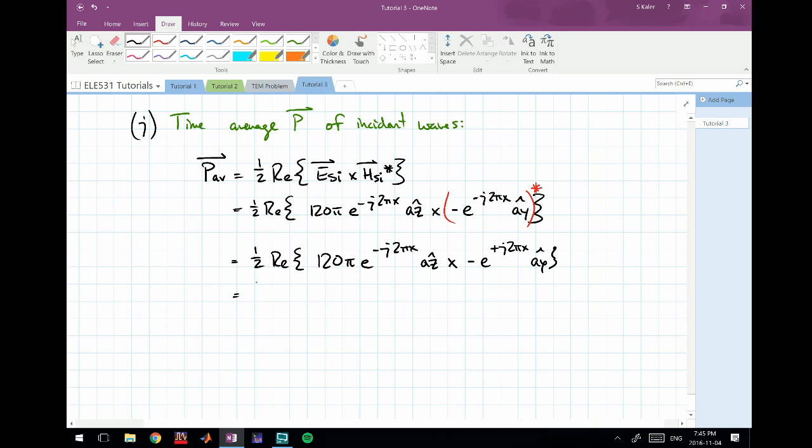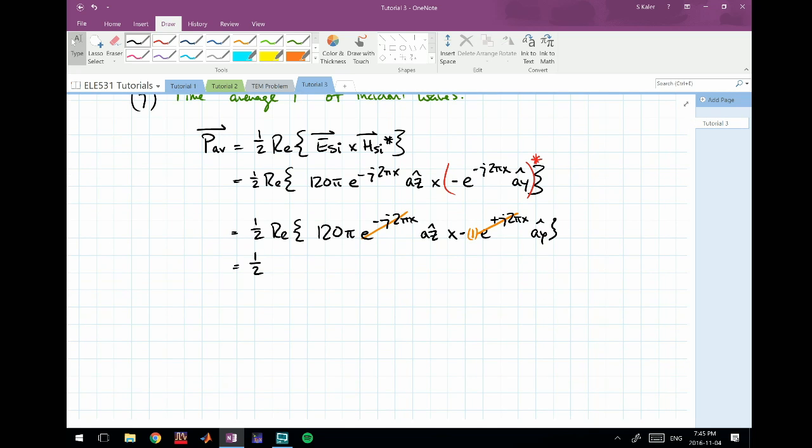And so with 120 pi, what we first realize is that these terms just cancel, and this becomes minus 1. So then you have z cross minus y, and 120 pi times that divided by 2.